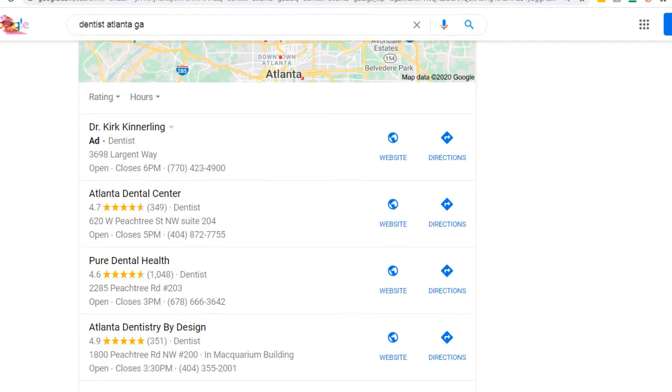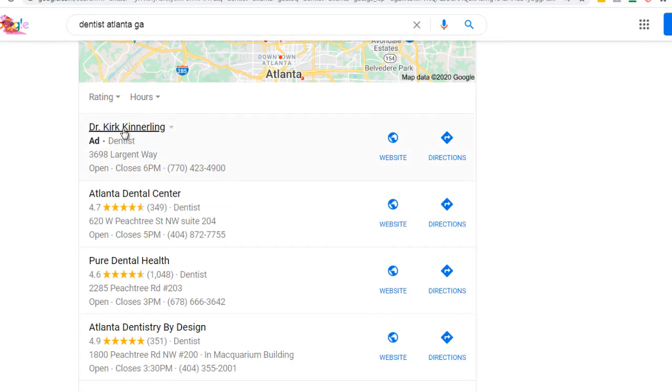And what we're looking for are people who are investing money or have a website, have a video marketing or some sort of social media presence. And like I said, what you don't want is somebody who simply hasn't invested any money whatsoever.